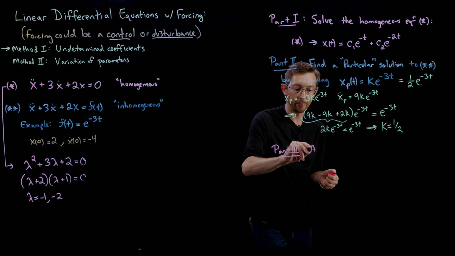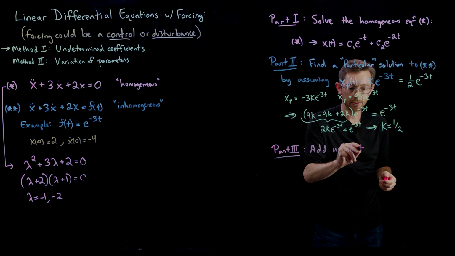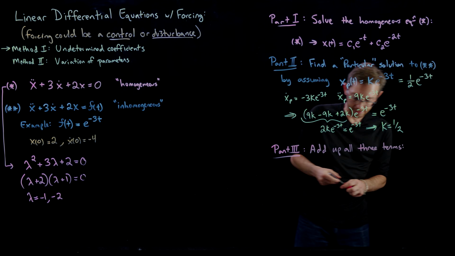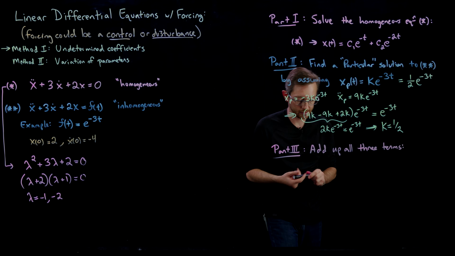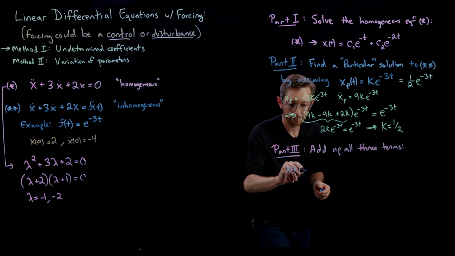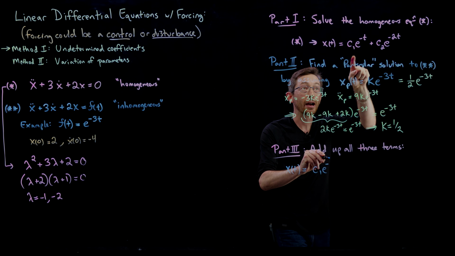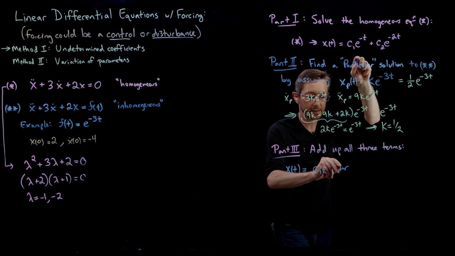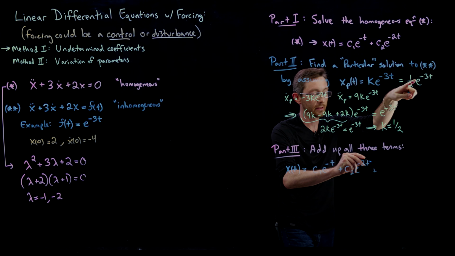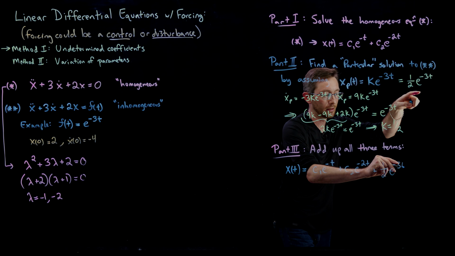Part 3 is to add up all three terms. And so that gives me something like, maybe I'll just write this in blue, x of t equals c1 e to the minus t plus c2 e to the minus 2t plus this 1/2 e to the minus 3t.